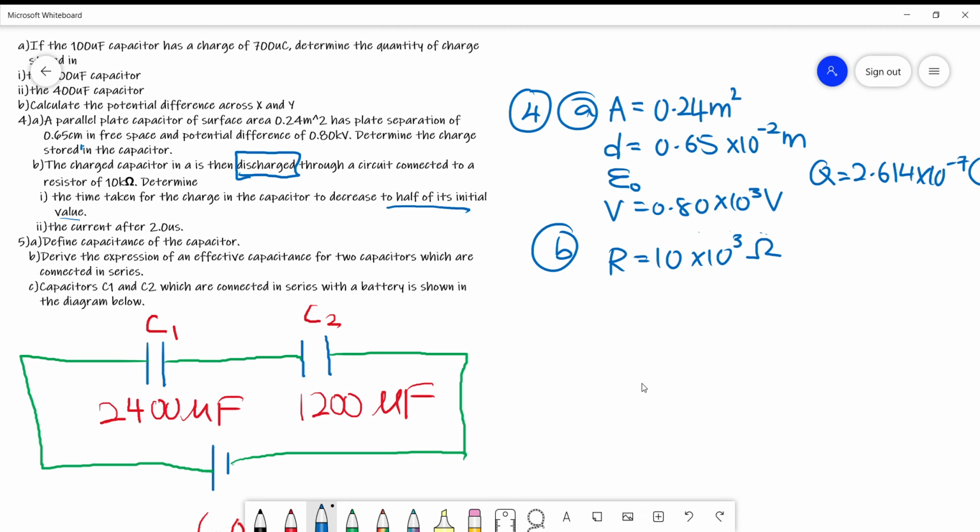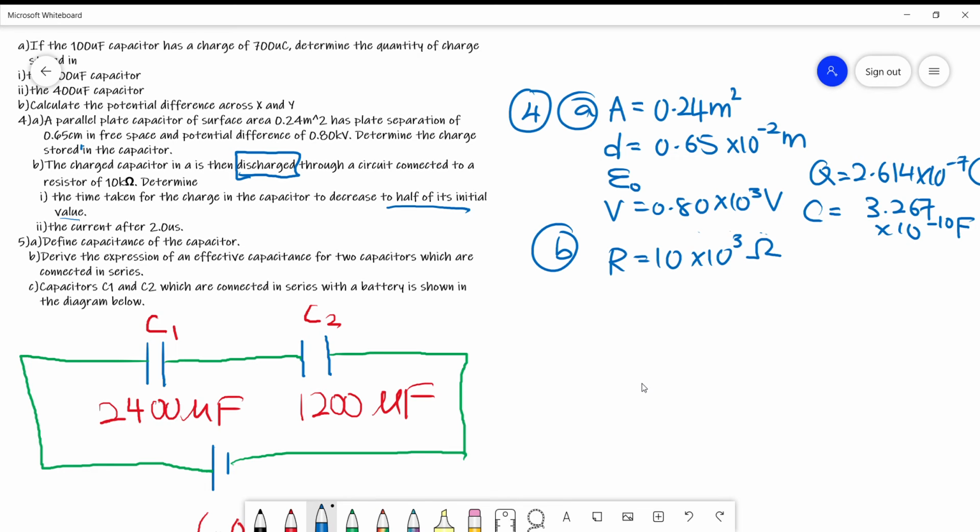So the capacitance of the capacitor is 3.267 times 10 to the power of negative 10 farad.